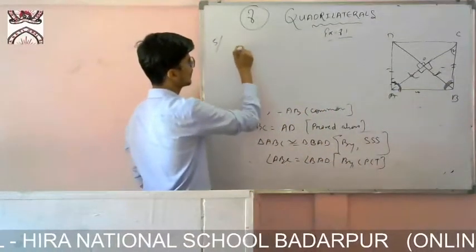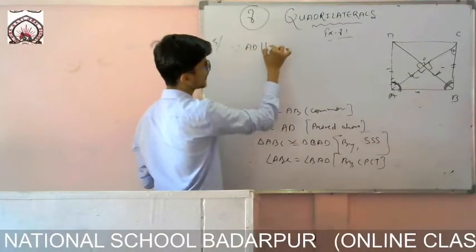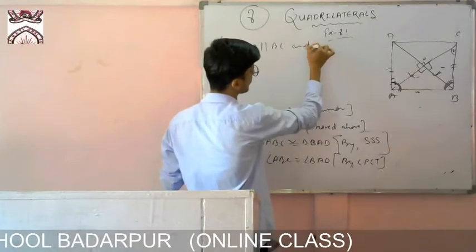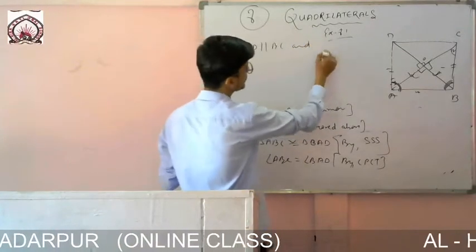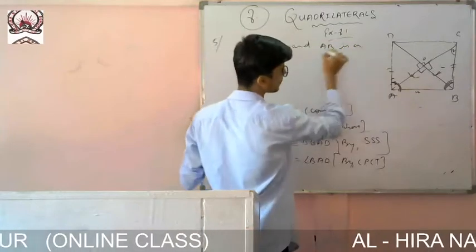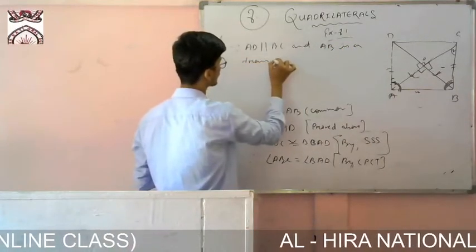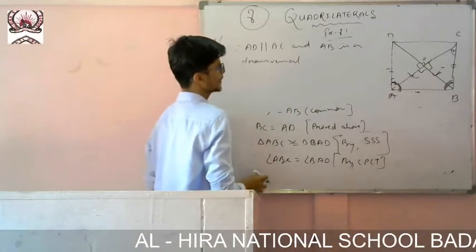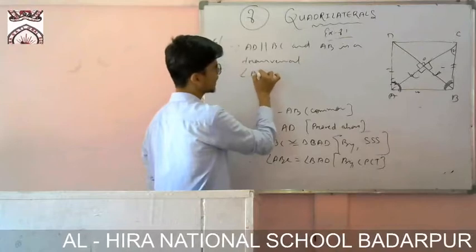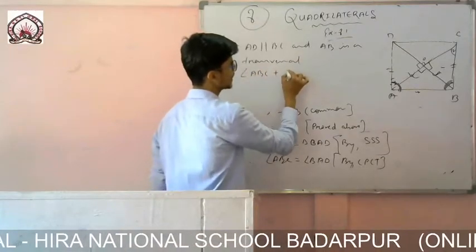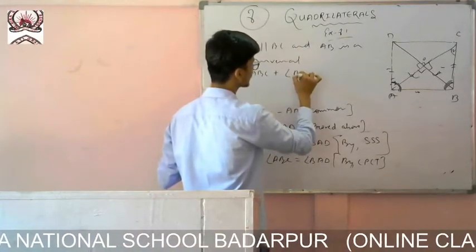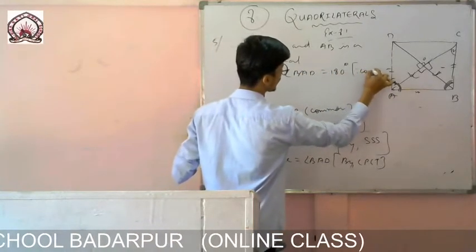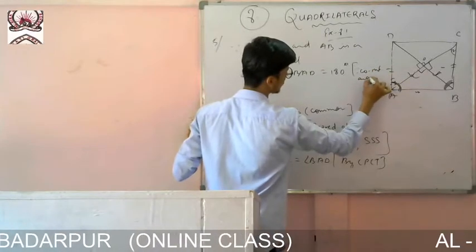Since AD is parallel to BC and AB is a transversal, I can write angle ABC plus angle BAD equals 180 degrees, since they are co-interior angles.